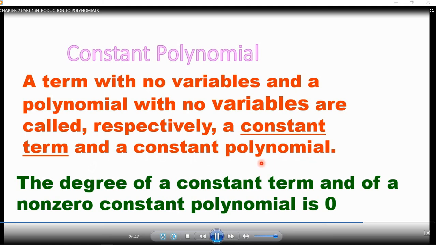So we can call 5 a constant term and a constant polynomial. The degree of the constant term of a non-zero constant polynomial is 0. So if we take the example 5, then the degree of its variable is x power 0, which was hidden. Hence the degree of a constant polynomial is 0.